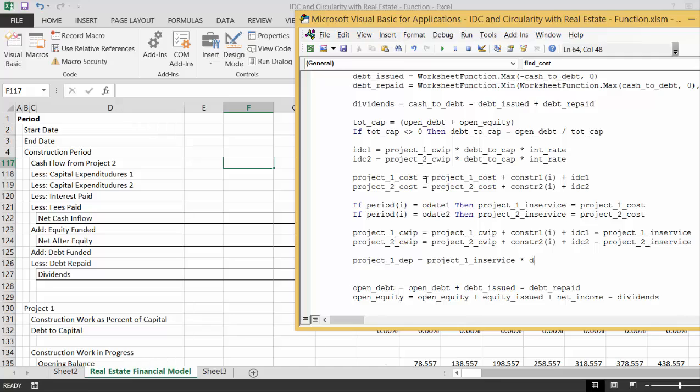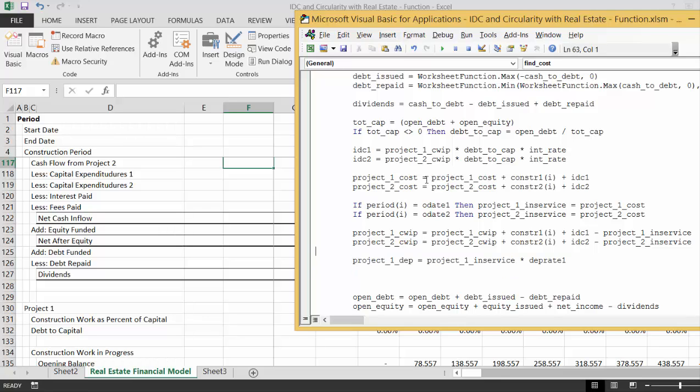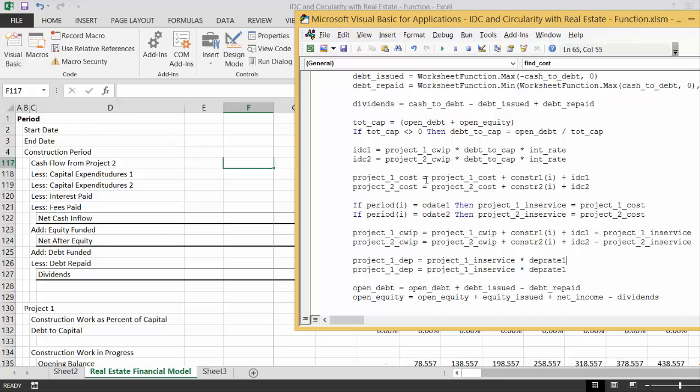I'll put DEP rate 1. And then we can do the second one: project 2 in service times depreciation rate 2.